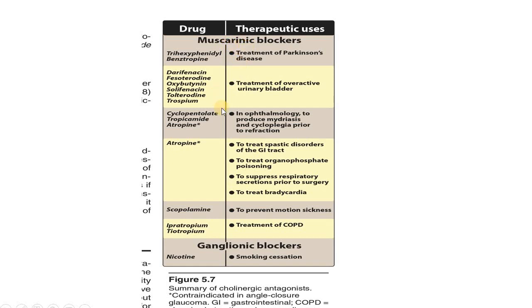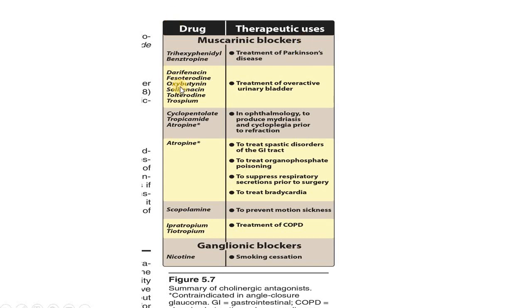You have to learn these clinical points, as it helps to pass your viva exams and also multiple choice questions. Trihexyphenidyl and benztropine are used for the treatment of Parkinson's disease. We will study these drugs more in Parkinson's disease, but here you have to learn that trihexyphenidyl and benztropine, the TB drugs, help in Parkinson's disease.